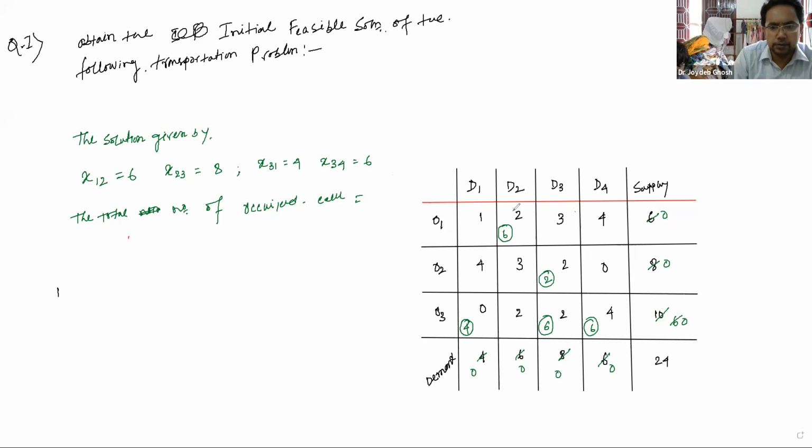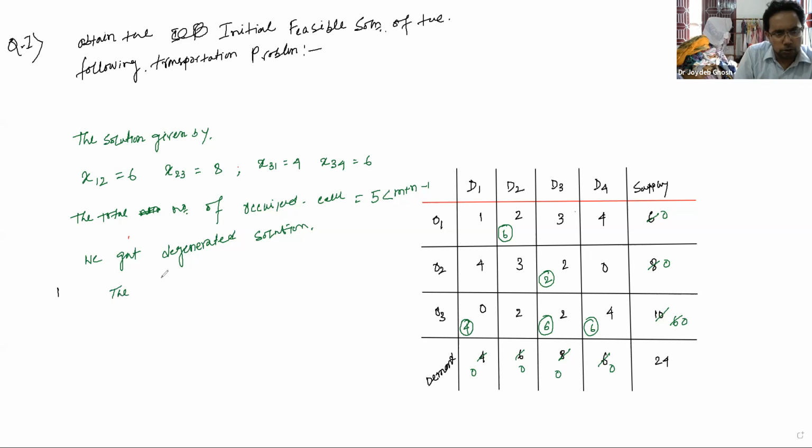So the occupied cells are 5, which is less than or equal to m plus n minus 1. M is 3, n is 4, so m plus n minus 1 is 6. So we get a degenerate solution.